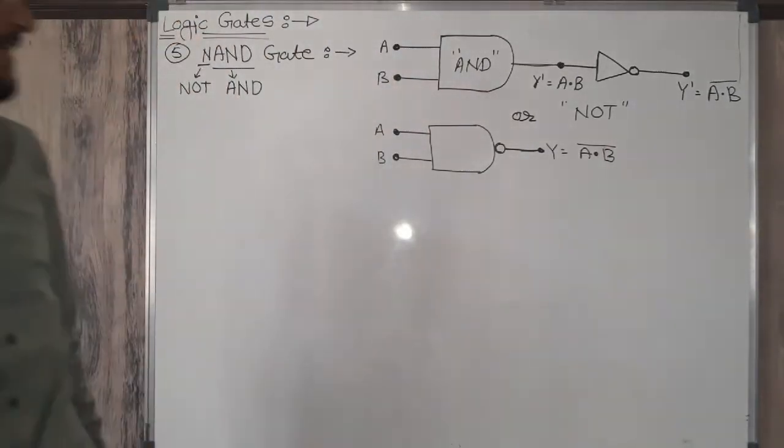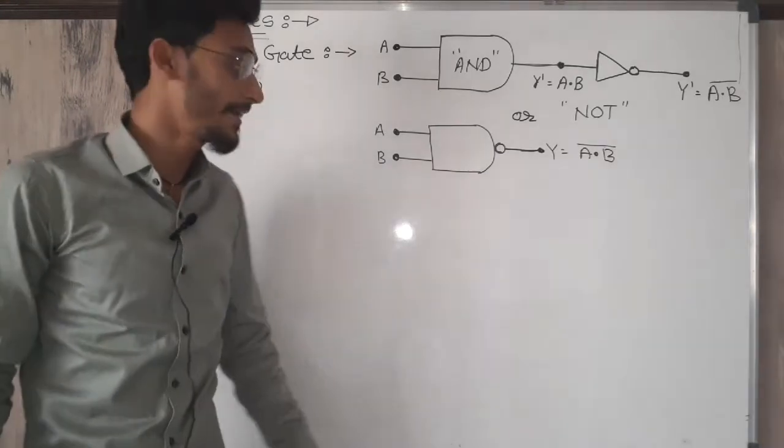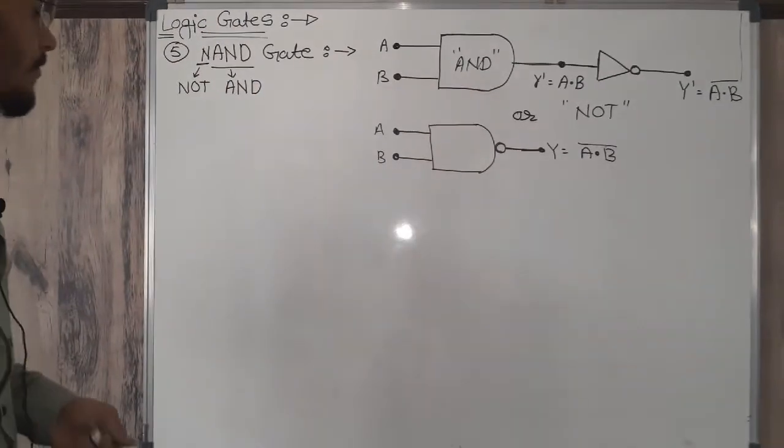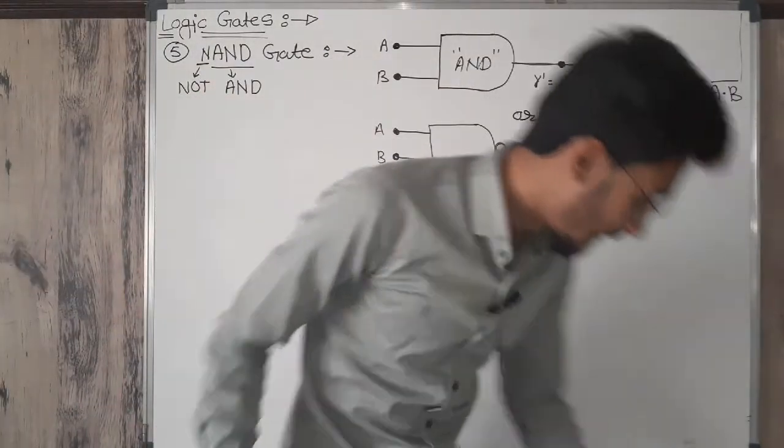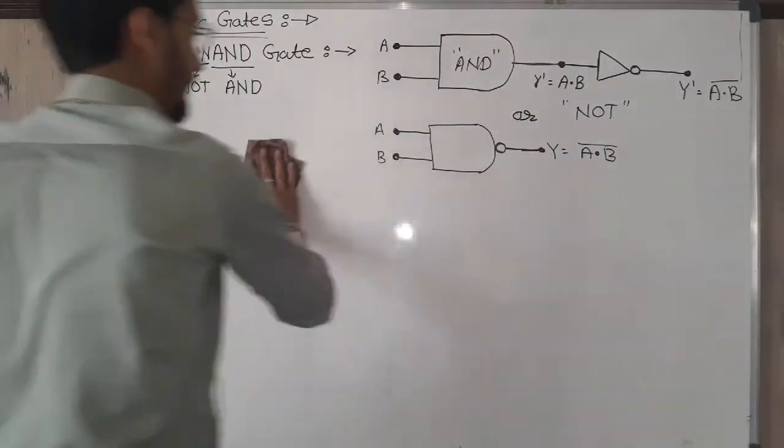So that is another representation for the NAND gate. Alright, so now we are going for the circuit diagram for the NAND gate. Very simple.